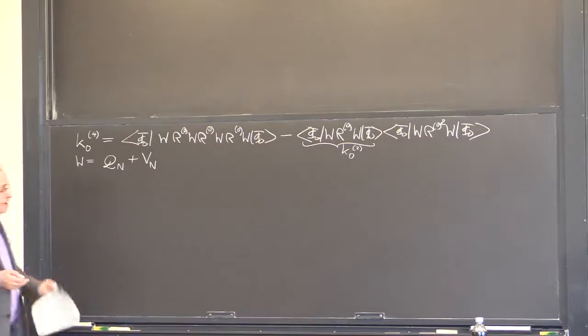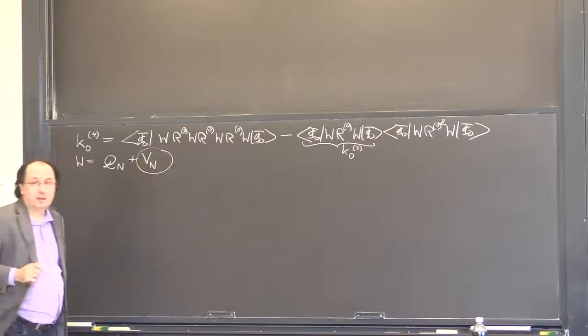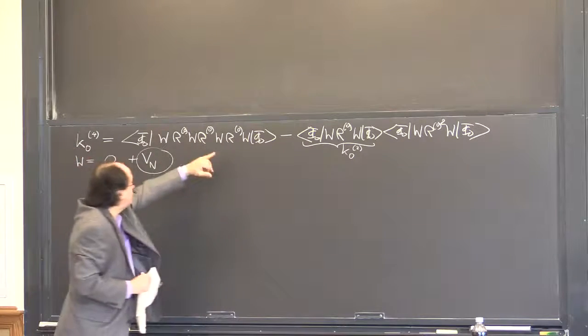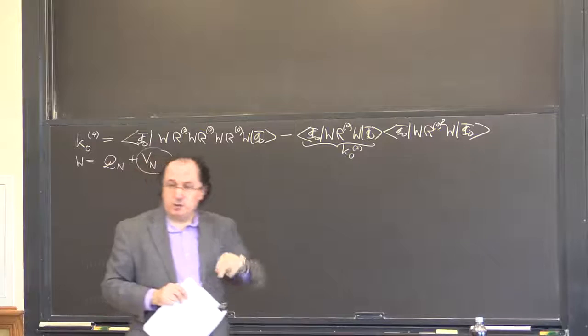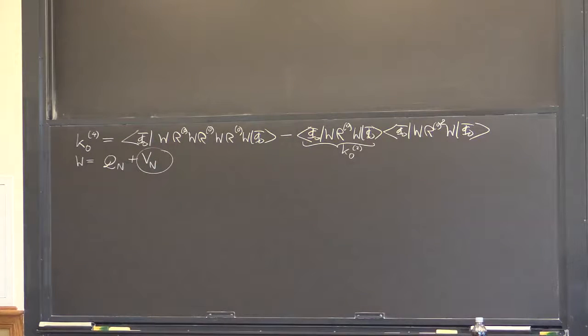And in the analysis of the fourth order, I will actually focus on the contribution from Vn. Obviously, if I replace each of these W's here by Qn plus Vn, I'll end up with multiple terms, which will have no Q's, then 1 Q, then 2 Q's, 3 Q's, up to 4 Q's, okay?